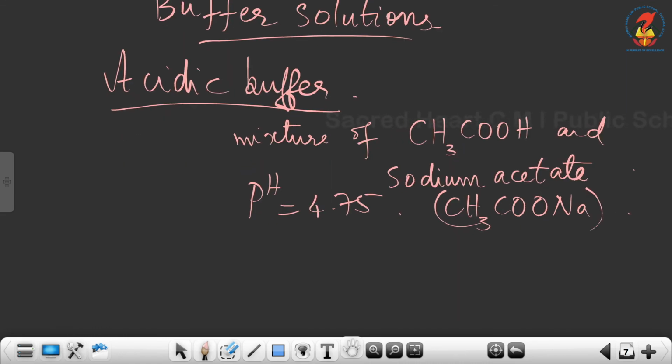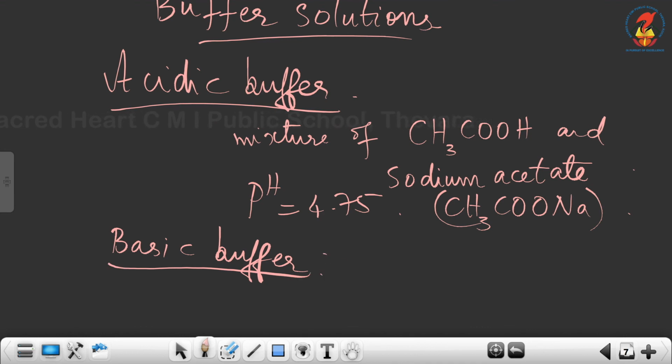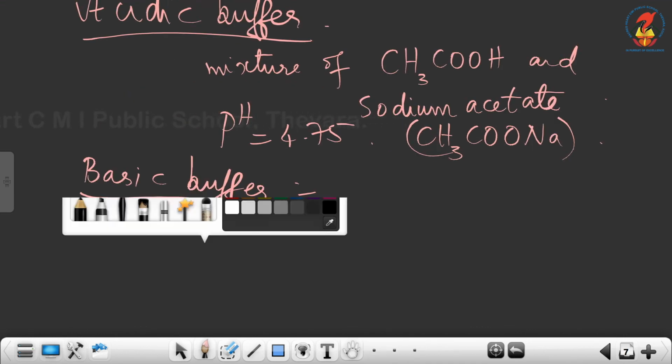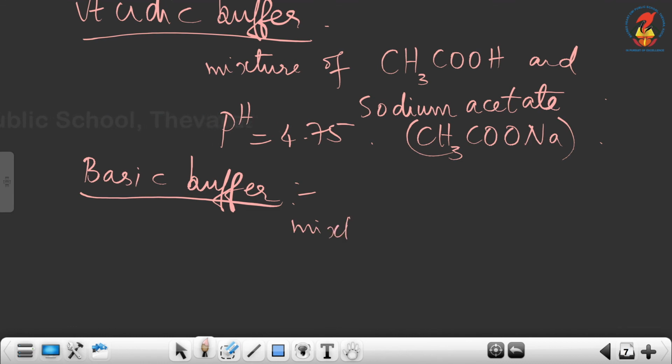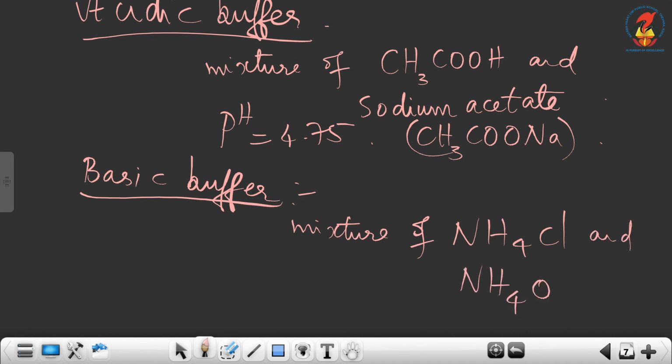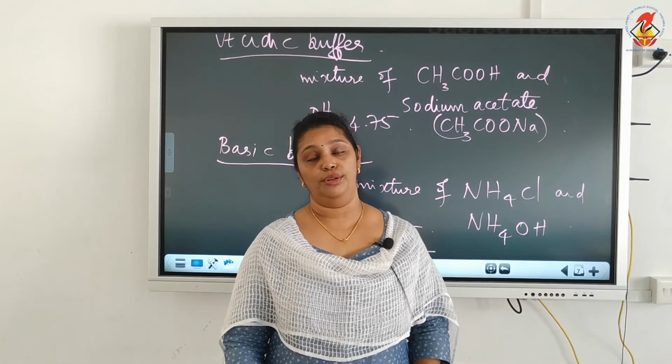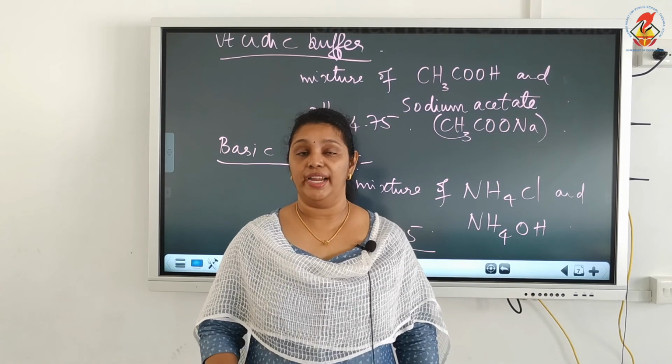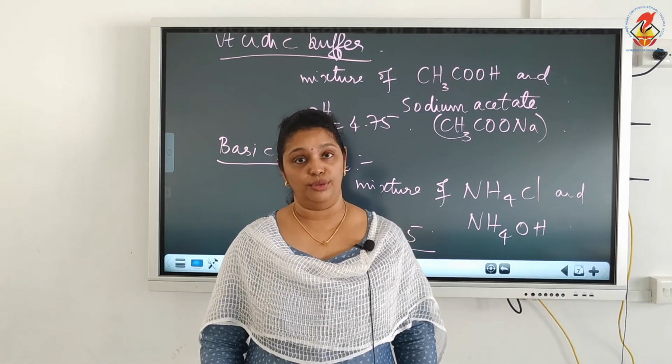Now the second type of buffer solution is basic buffer. An example for basic buffer is a mixture of ammonium chloride and ammonium hydroxide, and they act as a buffer around pH 9.25. So these are the two types of buffer solution. So with this we complete our ionic product of water, pH and buffer solution. Thank you.